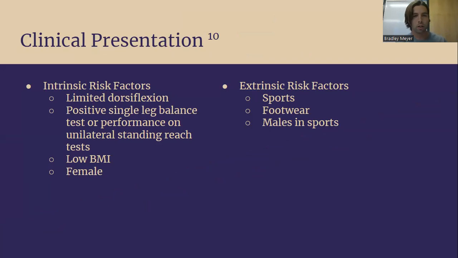A positive single leg balance test may indicate reduced proprioception or deficiencies in postural control and balance, which may lead to an ankle injury. Other intrinsic risk factors include a low BMI and the female gender.